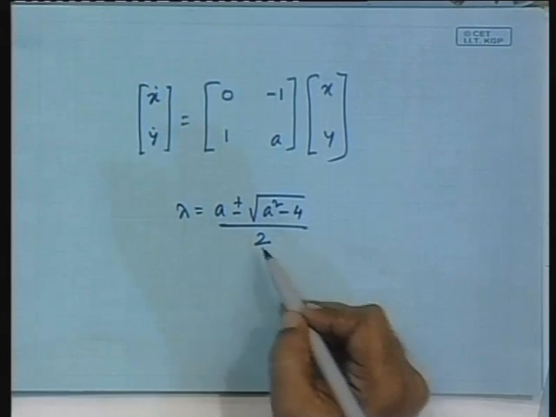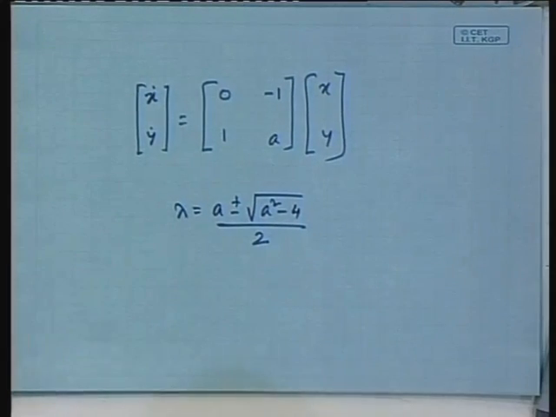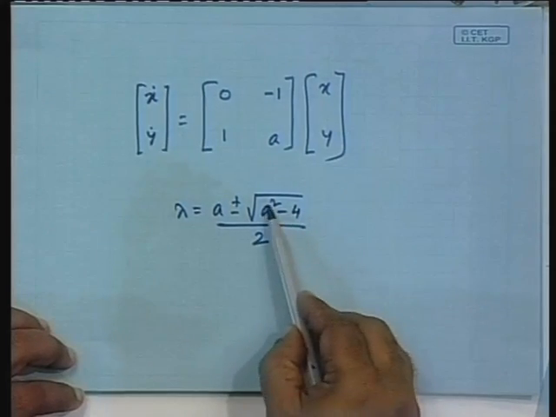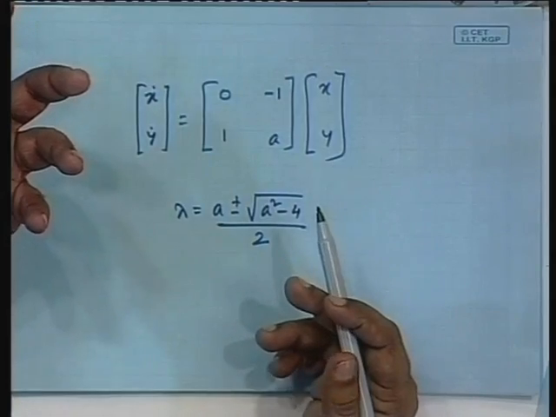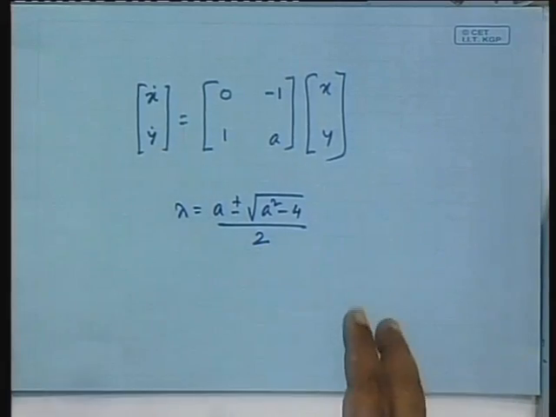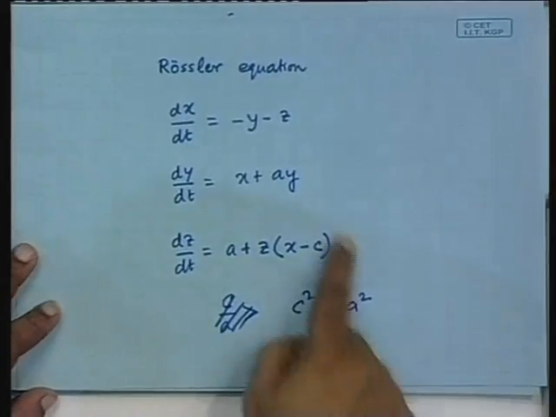At a equal to 0 it will be a purely imaginary pair of eigenvalues, and beyond that it will become an outgoing spiral. So, you would expect outgoing spiral behavior. This is all you can infer by looking at only the projection, completely forgetting about what is happening in the z axis. Now, notice the character of the thing in the z axis.